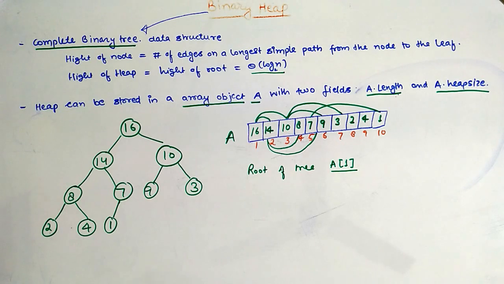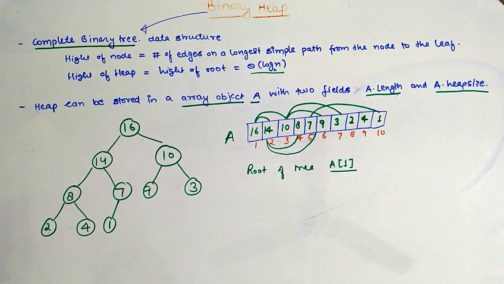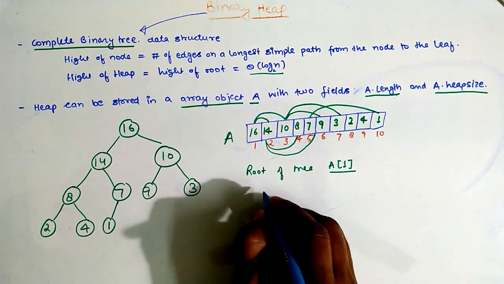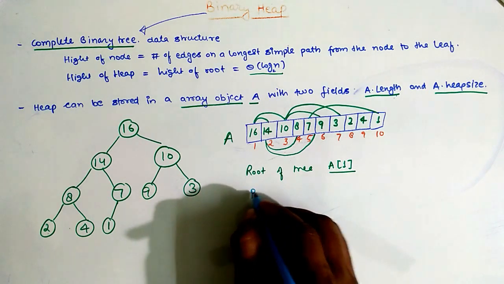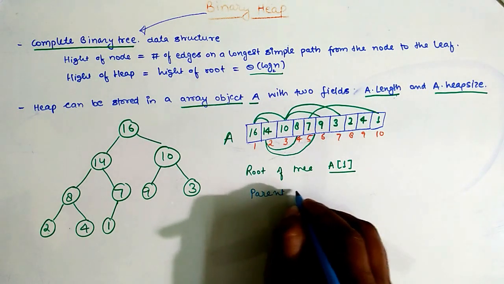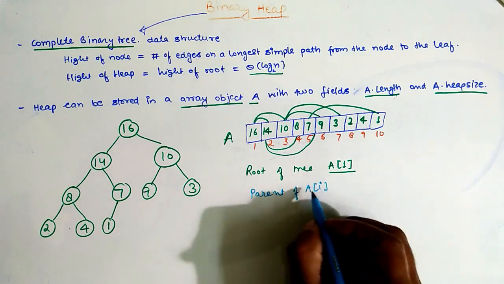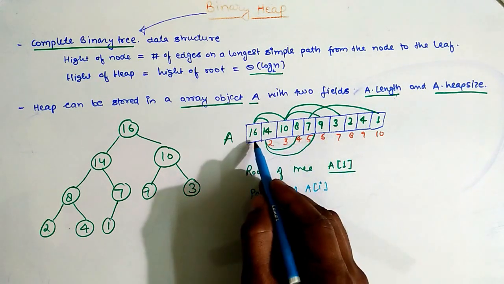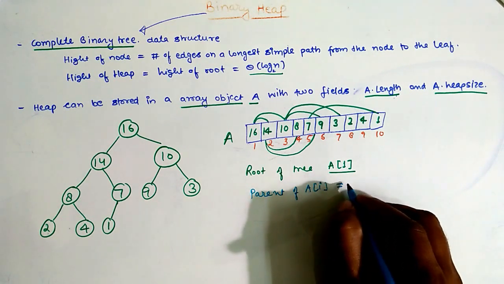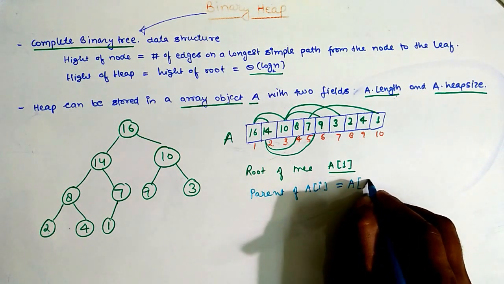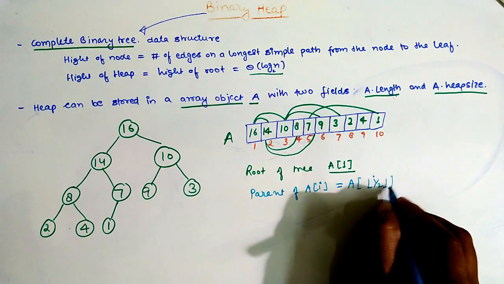And if you want to find the parent of any node, the parent of any node at index i is given as A of floor of i by 2.